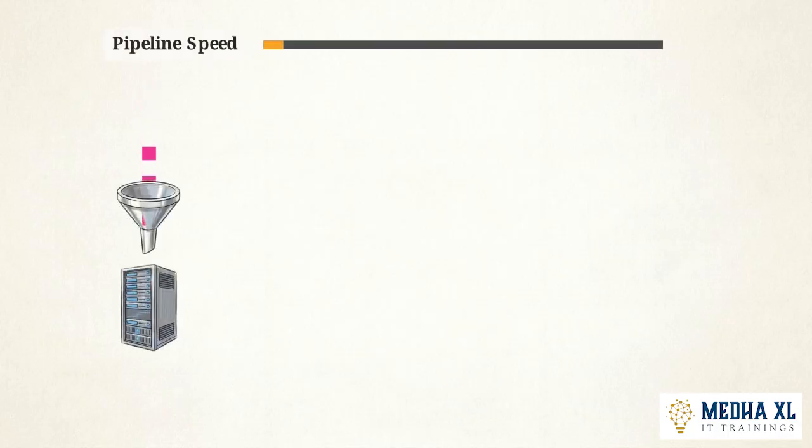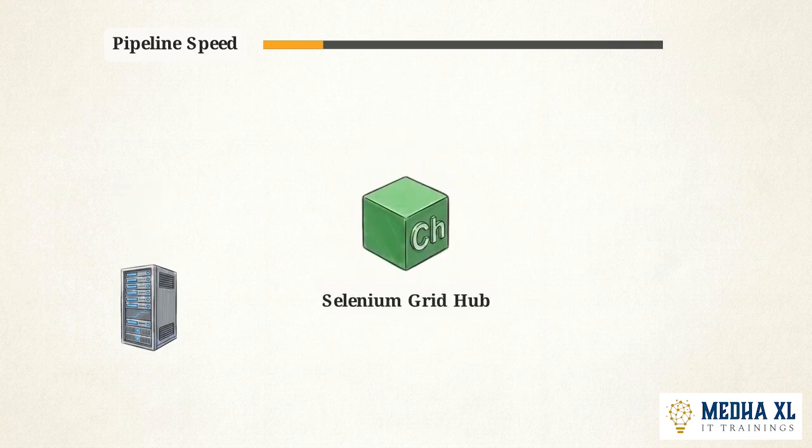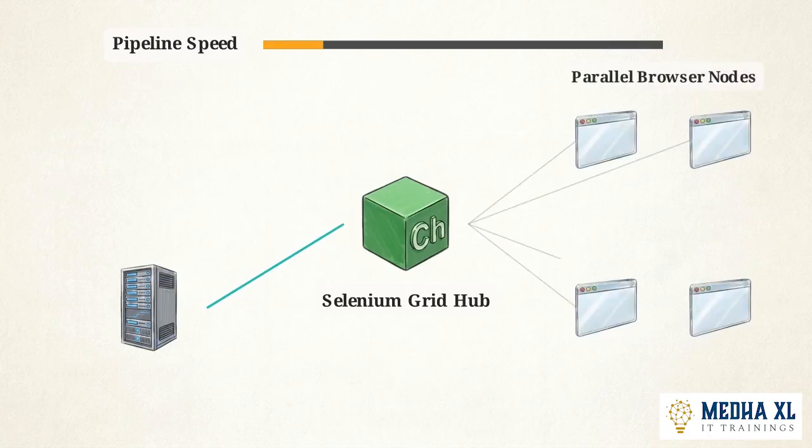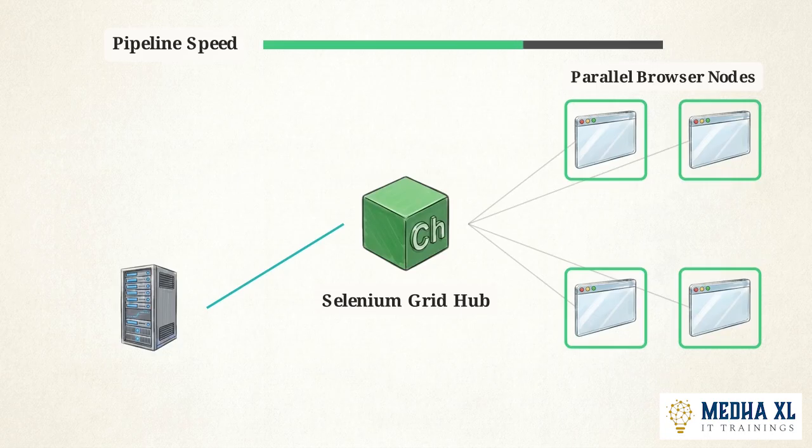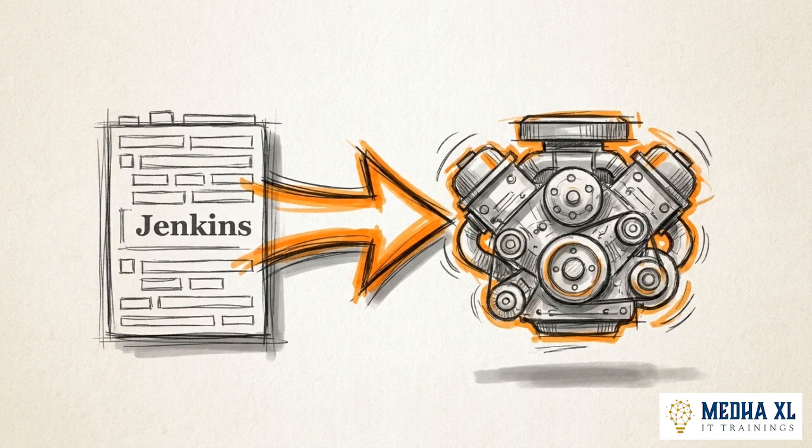Docker ensures consistency, but sequential execution remains far too slow for real-time CI/CD feedback. To scale our speed, we deploy Selenium Grid. The Grid Hub receives the execution request and instantly distributes the workload concurrently across multiple parallel browser nodes. The routing mechanics are highly structured.